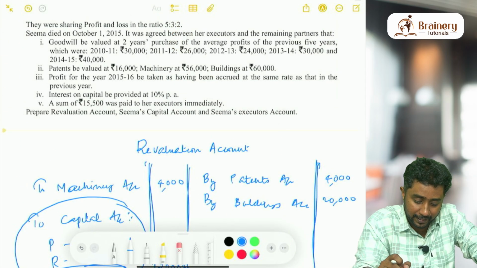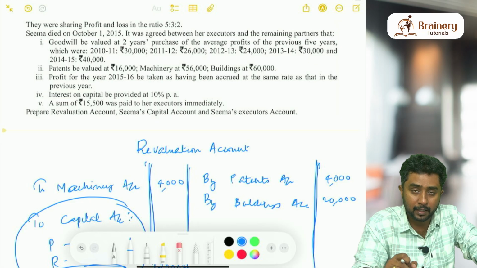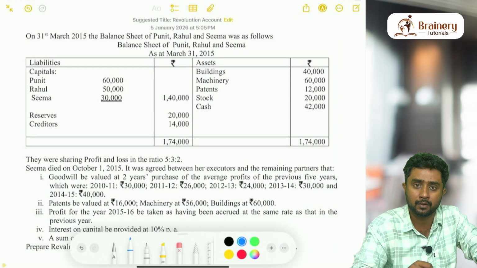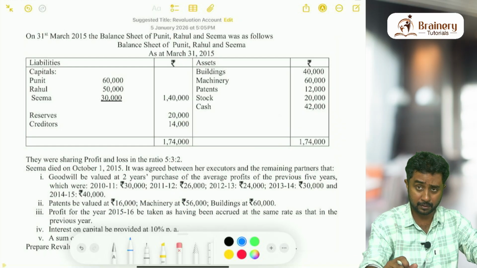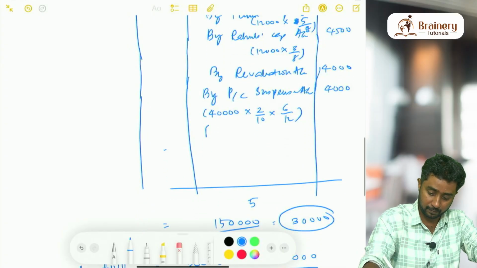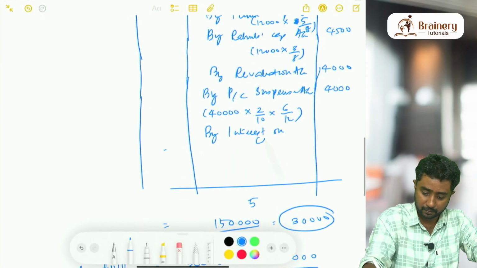Next is interest on capital to be provided at the rate of 10% per annum. Interest on capital is generally provided on which value? Obviously on the opening capital. The opening capital, we already know, was 30,000. So when you are recording interest on capital, we can record it normally in the interest on capital account.